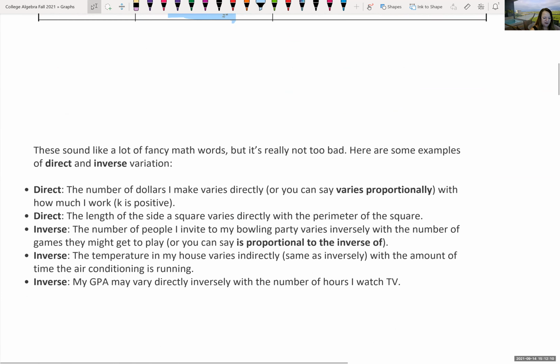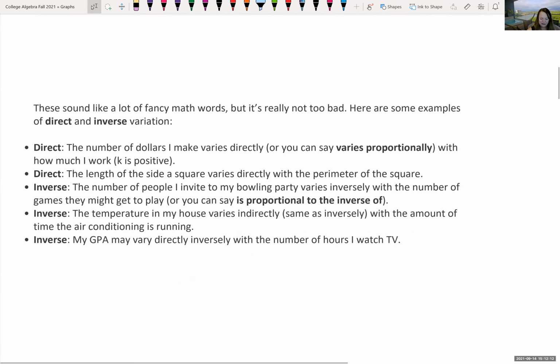So just so it's not so intense, let's look at these real life situations. These sound like a lot of fancy math words, but it's really not too bad. And here are some examples of direct and inverse variation. For instance, the number of dollars I make varies directly, or I can say varies proportionally, with how much I work.